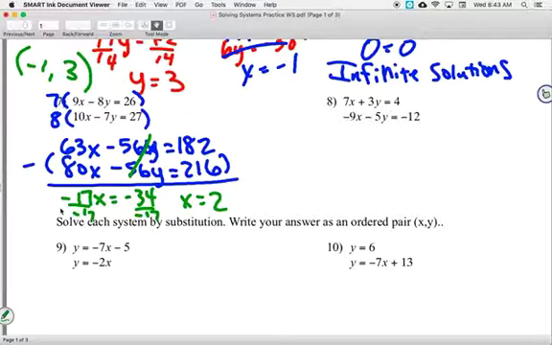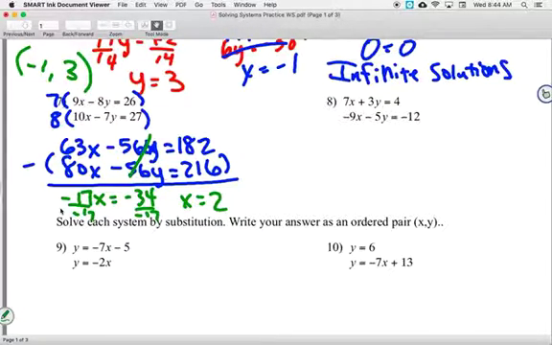Now here's the thing, this is why I prefer elimination. Because if you figure out what to multiply by, you will always only have one step left after you do the elimination to get the first part of our answer. In substitution, we usually have to do a bunch and then do a bunch to get our first answer.